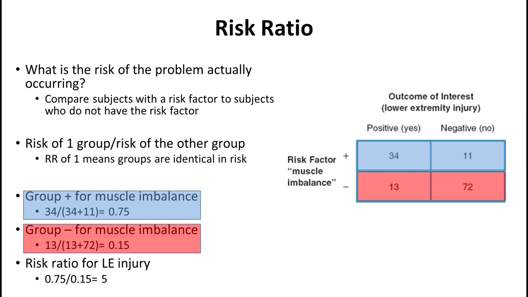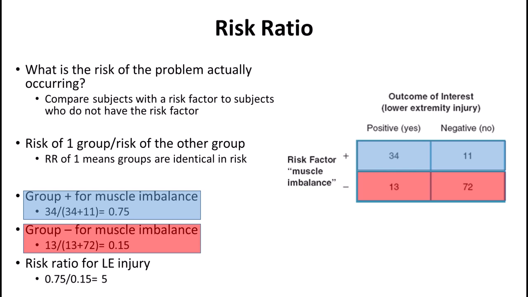To calculate this, you simply calculate the risk for lower extremity injury if you have muscle imbalance, which is 34 divided by the total, equal to 0.75.